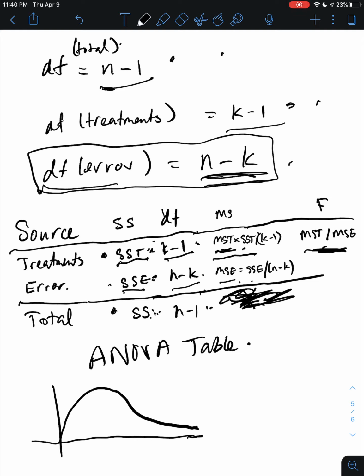Anyway, it leads to, under ideal conditions, that F that we obtain here is a random variable. We will get different numbers depending on the samples that we choose. But overall, across all the samples, it will have this kind of histogram.